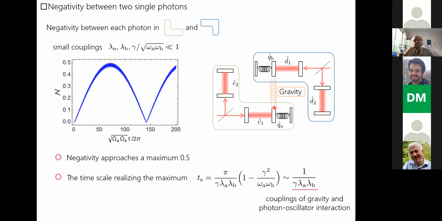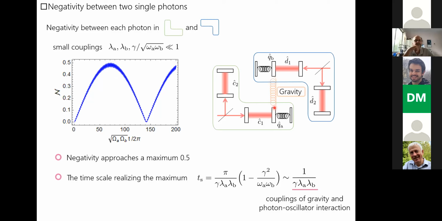But has anybody done an experiment or given thought to the analysis of doing exactly this experiment, but some other interaction between the two oscillators induces negativity? I'm just wondering if we understand that well enough so that we know how to isolate these things to test gravity.